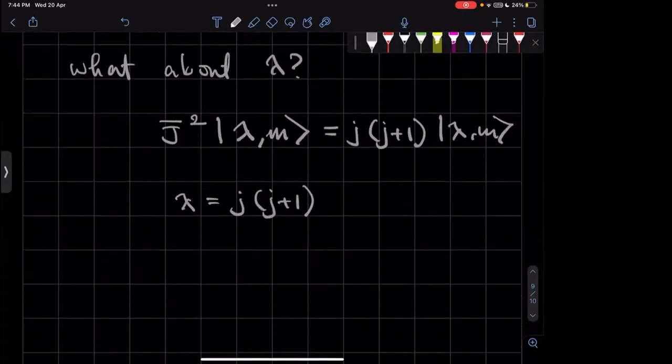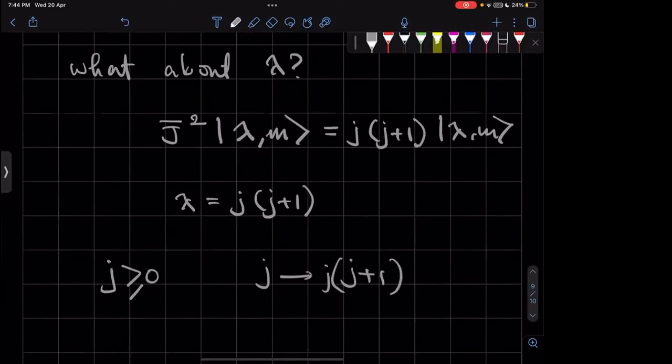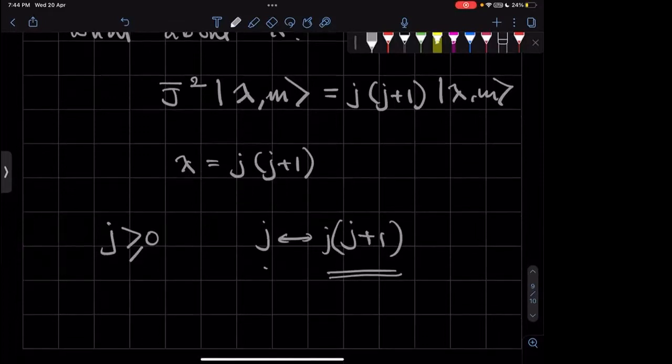Now, because J is a positive half integer, if I give you J, you can work out what J(J plus 1) is, and vice versa. If I tell you this is the J squared eigenvalue, you can use this formula to figure out what J is, since this equation has a unique positive solution.